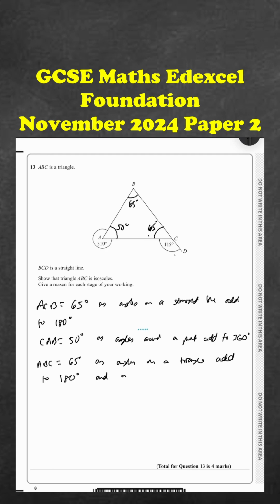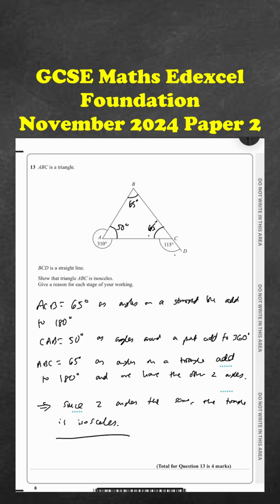And we have the other two angles. Since two angles are the same, the triangle is isosceles. As required.